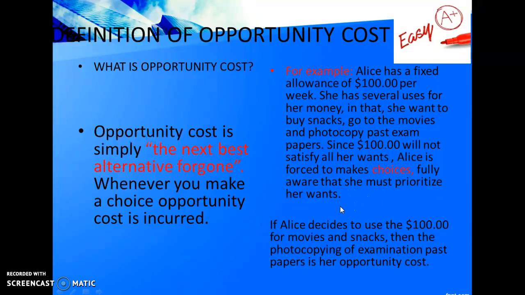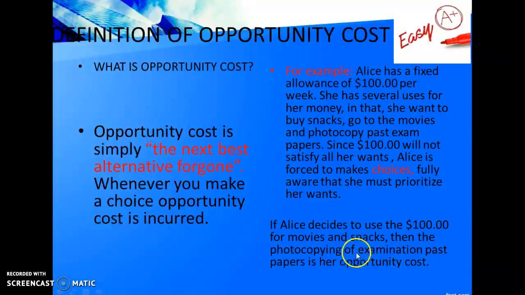So Alice would make a decision that she would prioritize. More than likely, Alice would want to choose something that will suit her best. So if Alice decides to use the $100 that she has for movies and snacks, then the $100 is consumed, the $100 is finished.